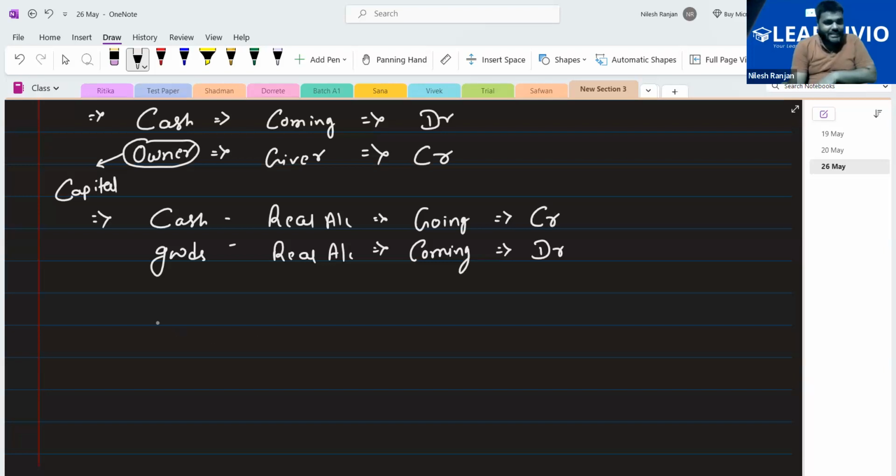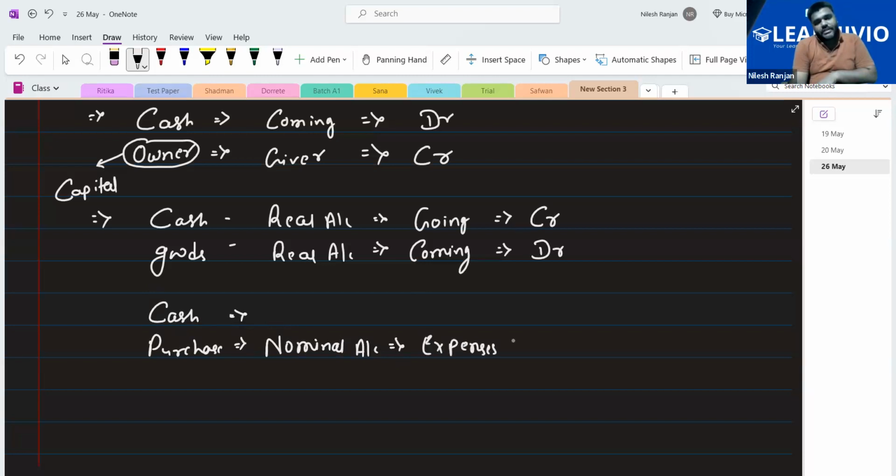Now, the second method for this is cash, or you can take purchase. So again, purchase is a nominal account. Cash I have already explained, so I'm writing only purchase. Purchase is a nominal account and it is an expense.